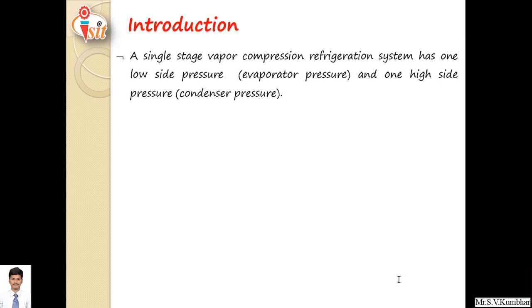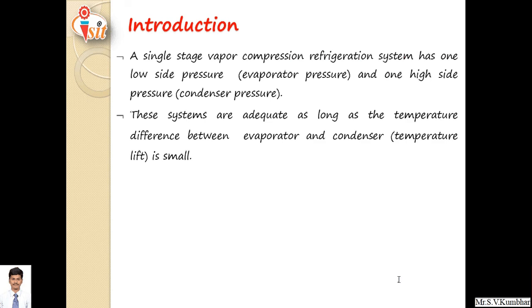So first, we will start with introduction. In the previous unit, we have studied a single stage vapor compression refrigeration system, but a single stage vapor compression refrigeration system has one low side pressure, that is evaporator pressure, and one high side pressure, that is condenser pressure.